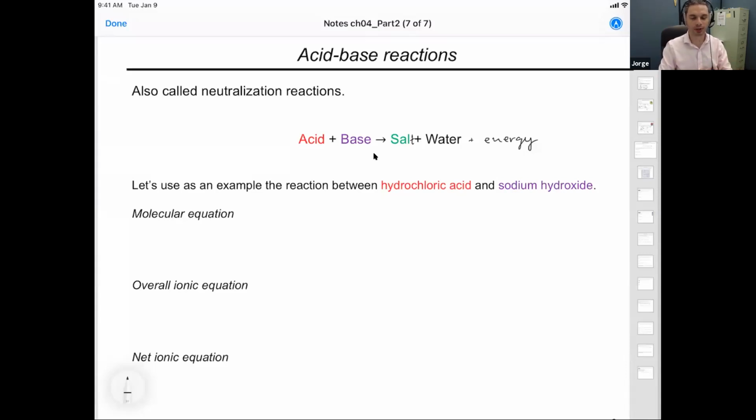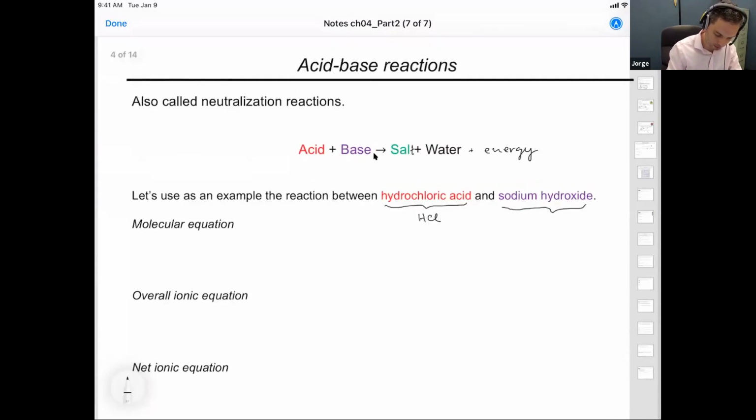I will start here with an example of an acid-base reaction between hydrochloric acid and sodium hydroxide. Remember, hydrochloric acid is HCl. We saw that before. And sodium hydroxide, we have been working a lot with this compound today. The formula for that is NaOH.